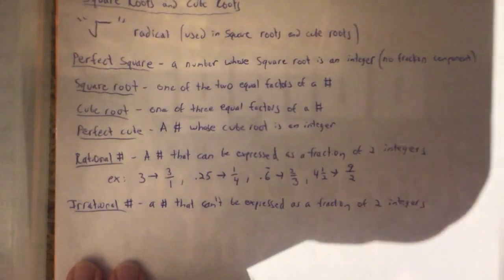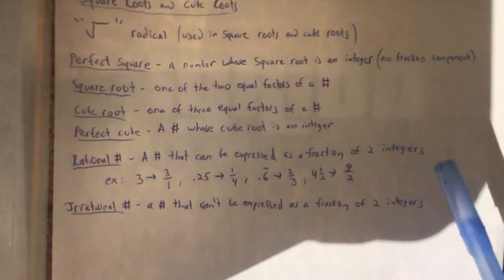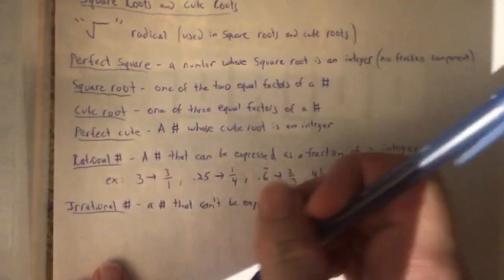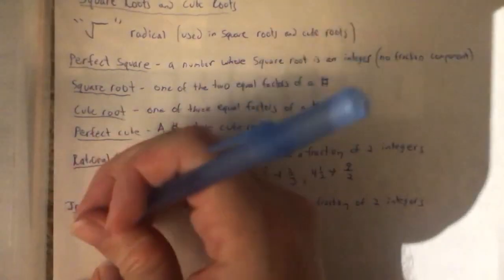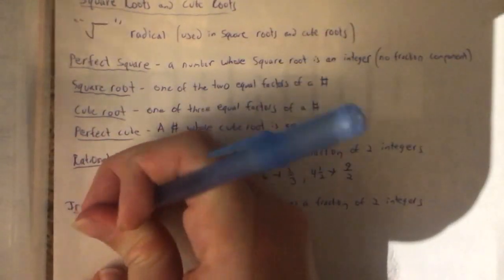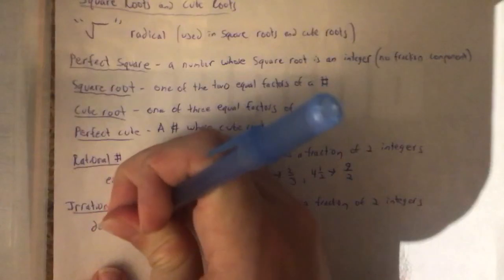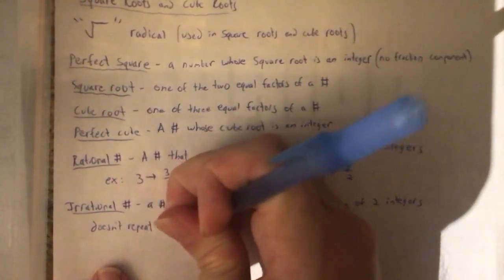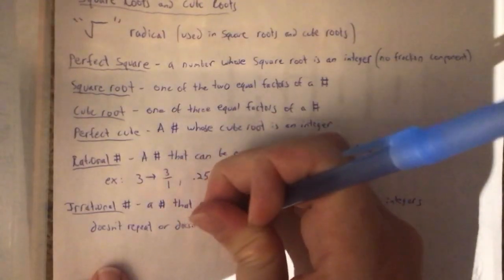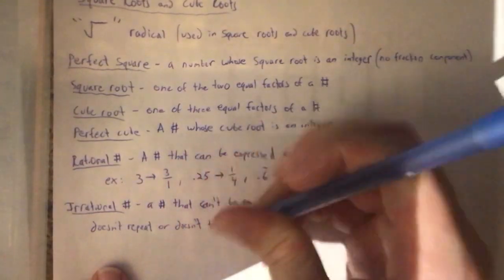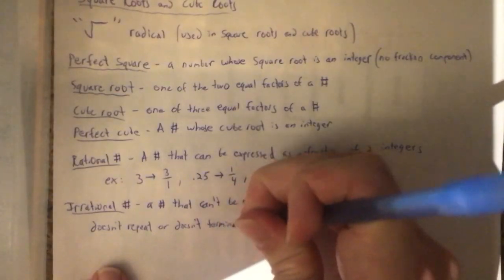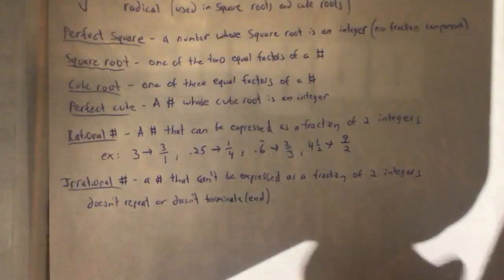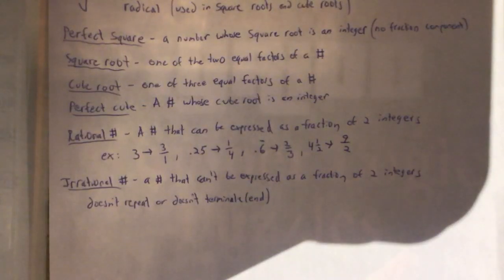So I can't write it in fractional form. Another way to think of an irrational number is a number that doesn't repeat or doesn't terminate, which just means end. So basically, if I have a number that goes on forever, it will be irrational.